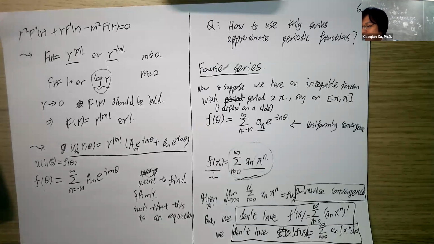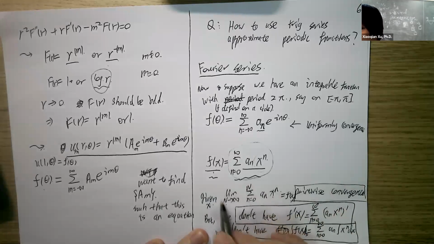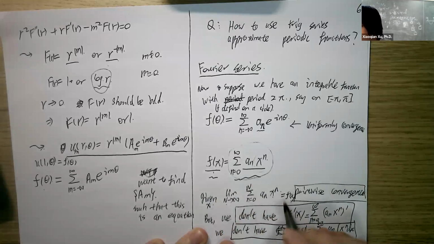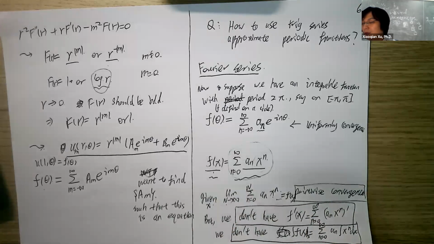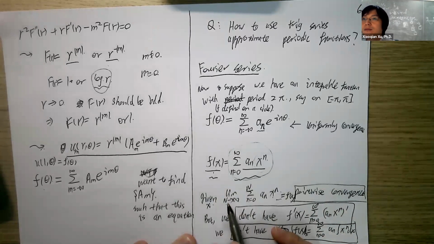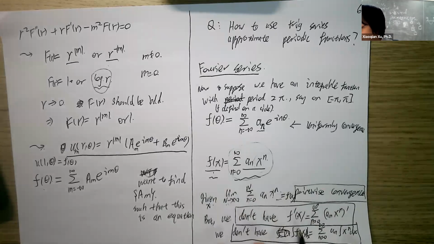If you take the derivative, that means you take this kind of function, and then you evaluate at x plus delta x minus the function at x, divide by delta x, and then take delta x tends to 0. So you first take n goes to infinity, then take delta x goes to 0. This is the right hand side.